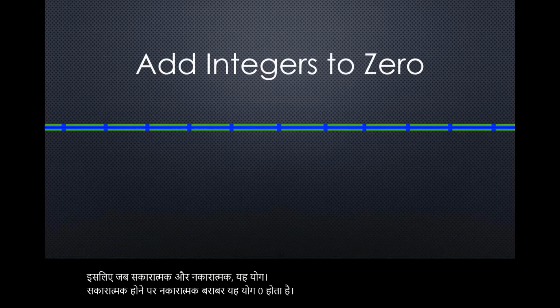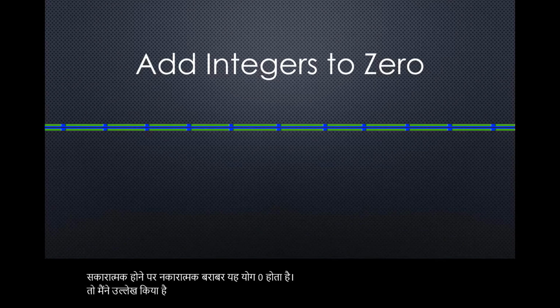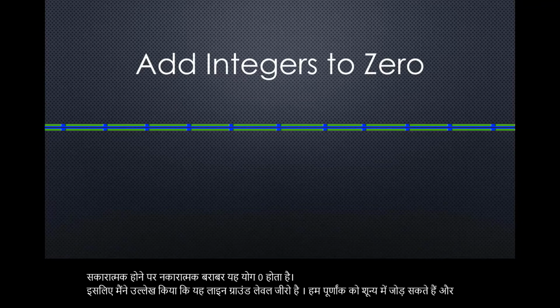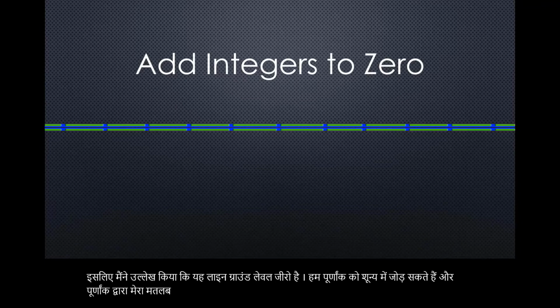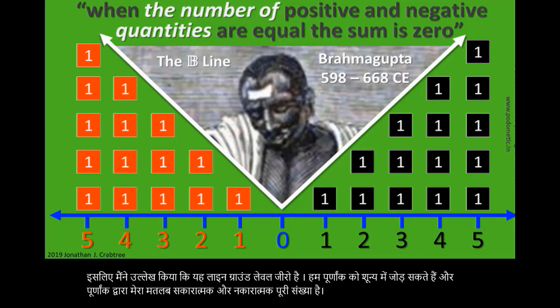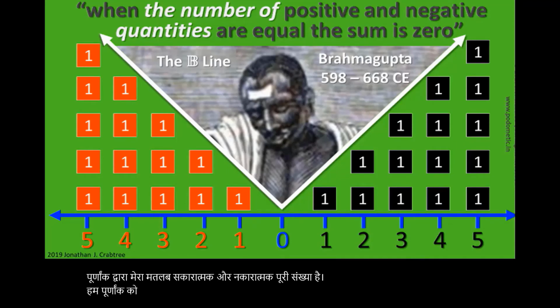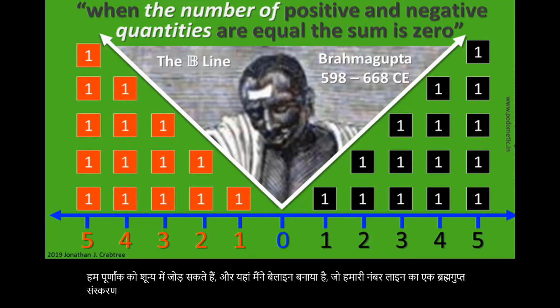So imagine this line is ground level 0. We can add integers to 0, and by integers, I mean the positive and negative whole numbers. Here I've created the B line, a Brahmagupta version of our number line, which has implicit symmetry in it based on his Sanskrit shlokas, his sutras.